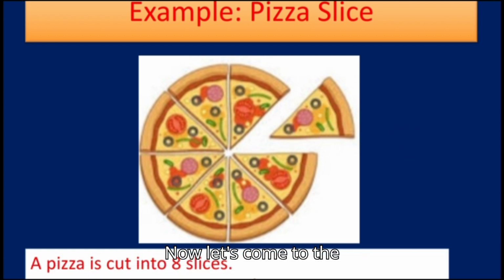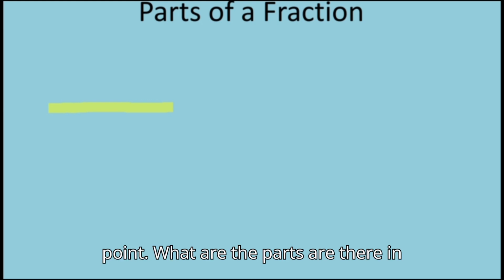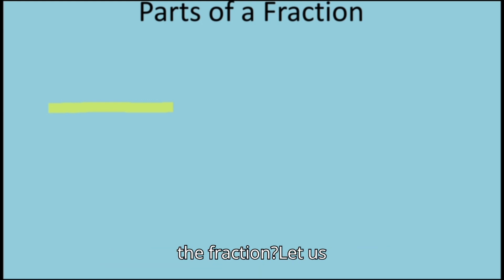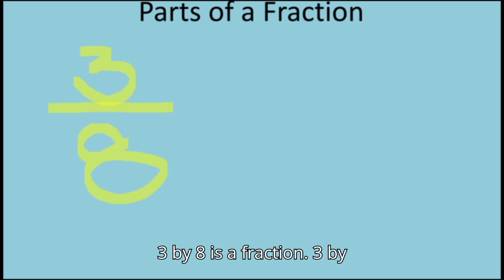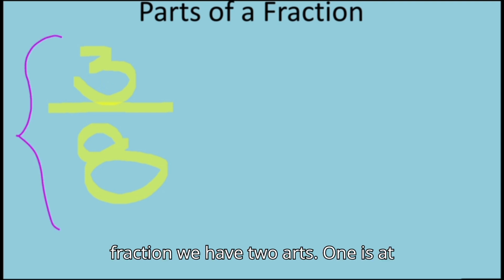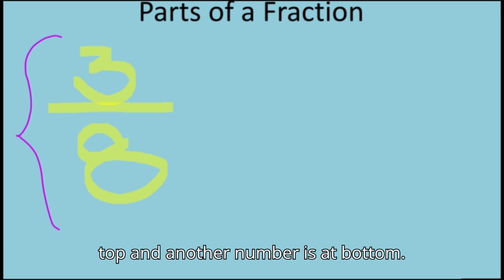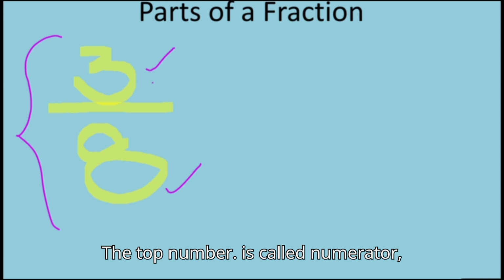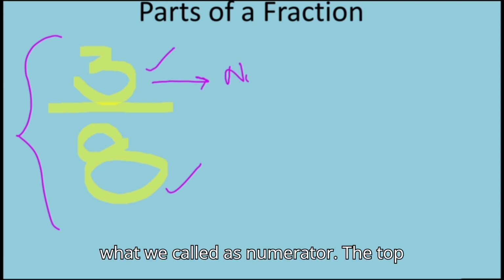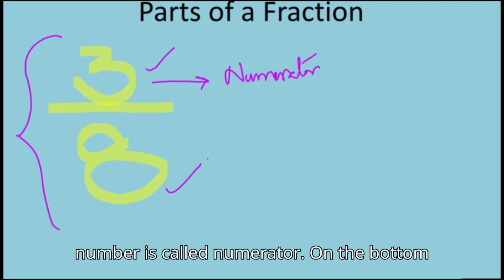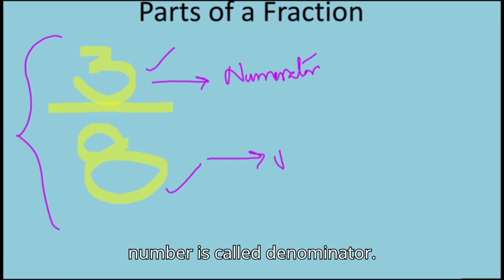Now let's come to the point. What are the parts in a fraction? Let us take an example. Here 3 by 8 is a fraction. In this fraction we have 2 parts. One is at the top and another number is at the bottom. The top number is called the numerator, and the bottom number is called the denominator.